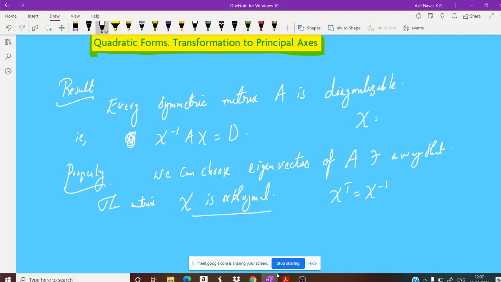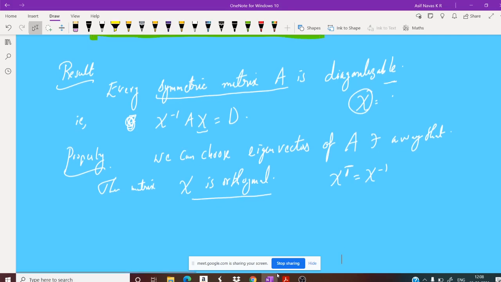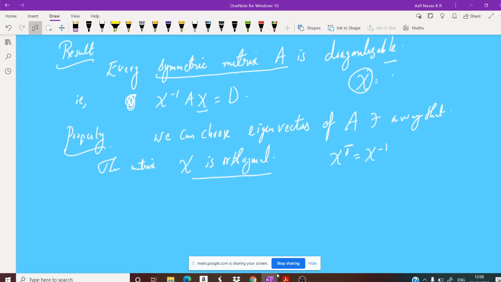So if the matrix A is symmetric, it is always diagonalizable. That is the result, and we can find matrix X in such a way that this matrix is orthogonal. That means X transpose is equal to X inverse, and I will show you how we can choose such eigenvectors.